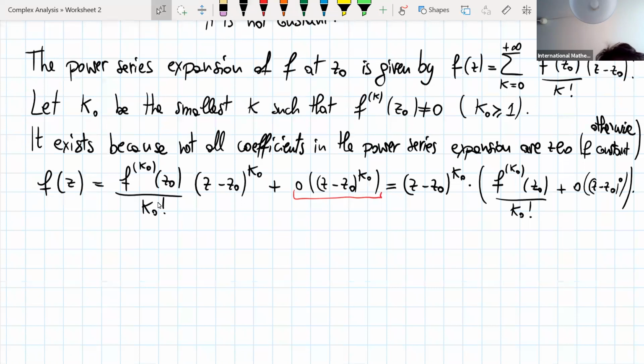Okay, so now we have this expression for f.